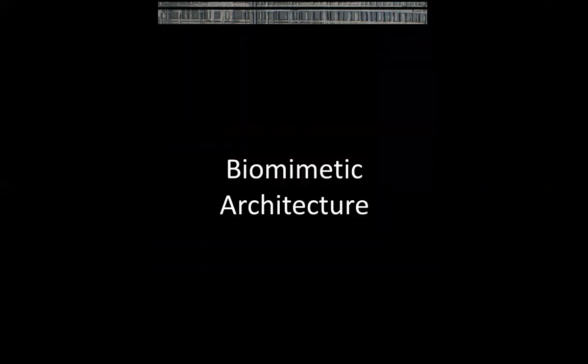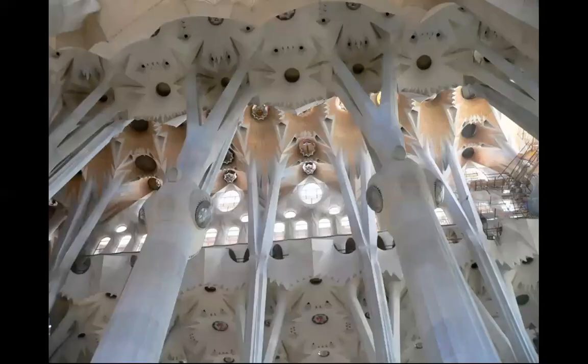Now, biomimetic architecture. What is biomimetic architecture? Well, the example I found is with the immensely admired and known Sagrada Familia in Barcelona. Look at this. It's a splendid work from many points of view.